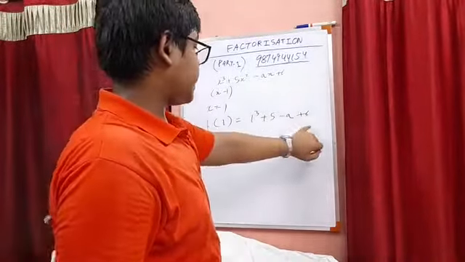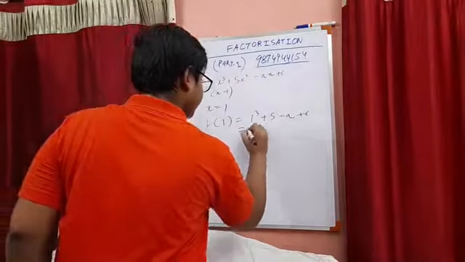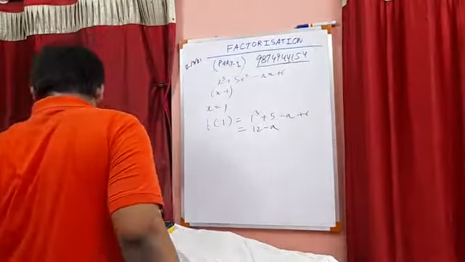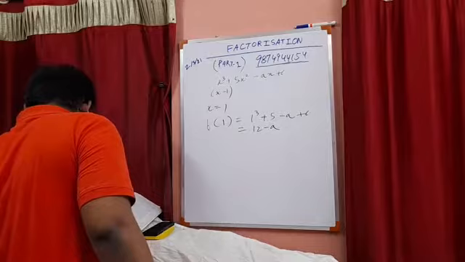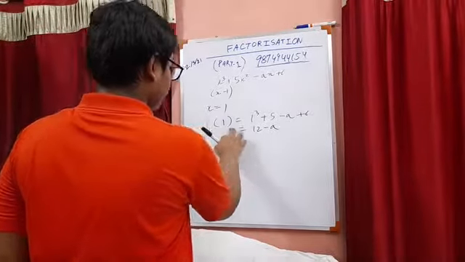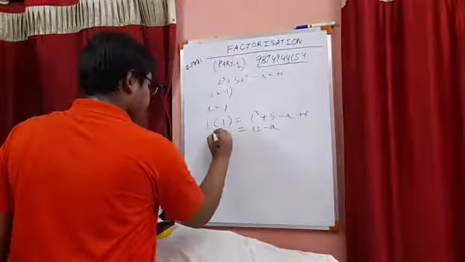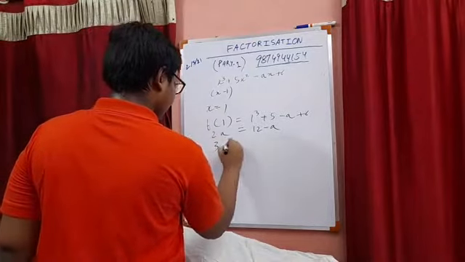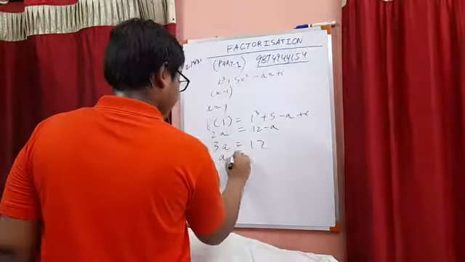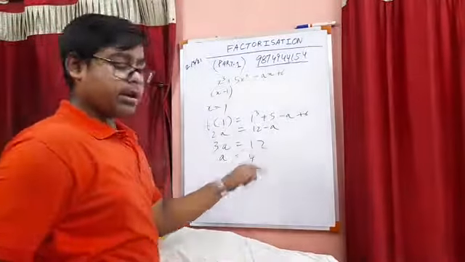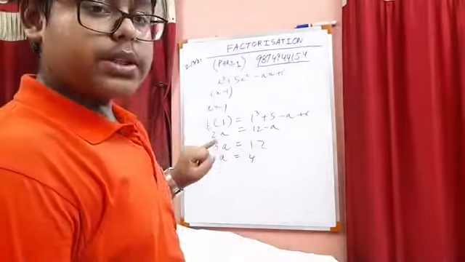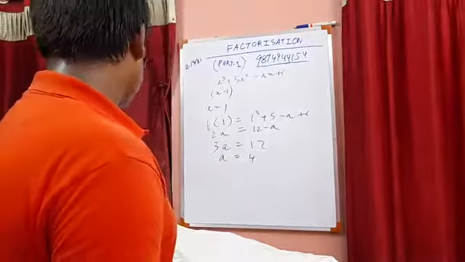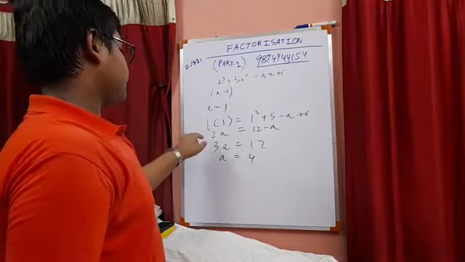Now 5 plus 6 is 11, plus 1 is 12, so it will be 12 minus a. The remainder is given as 2a. Therefore 2a is equal to 12 minus a. Taking a to this side, we get 3a is equal to 12. So a is equal to 4. Therefore we found the value of the variable a in this polynomial, which is 4, for dividing it by this and giving the remainder as 2a.